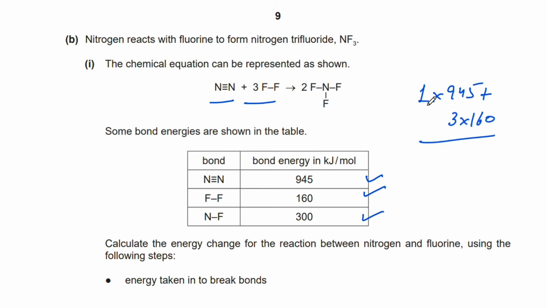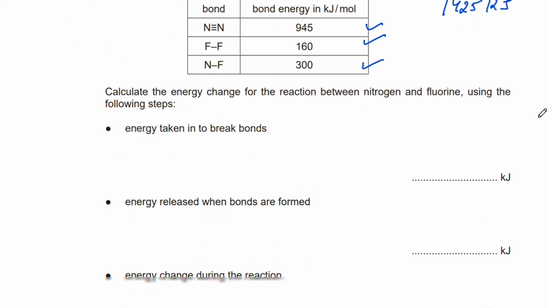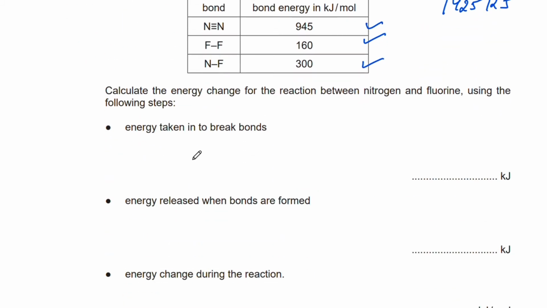So this totals up to 1425 kilojoules. So energy taken in to break bonds is plus 1425, because it's taken in, so breaking bond energy is endothermic.